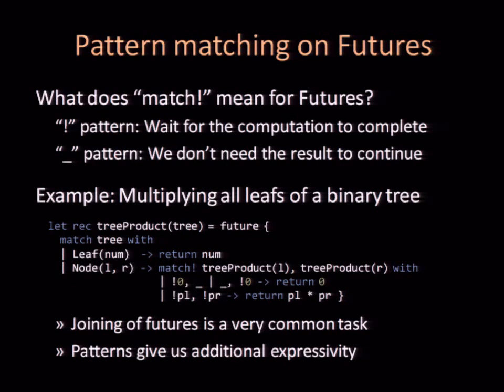Is this in-order matching? In other words, does it go top to bottom, or could it be best match? That's up to the implementation of the match! primitive, but it's top to bottom. So in this case, when you get a value from one of the futures, it would run them from top to bottom. If you had two same cases, it would always run the first one.